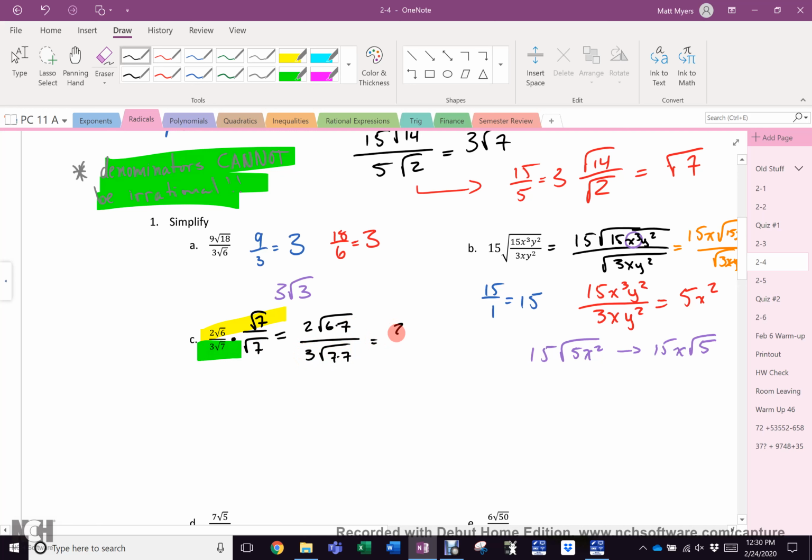Which would get me 2 root 42 over, what's this bottom here? 7 times 7, which is 49. What's the square root of 49? 7. What's 7 times 3? 21. And there I'm done.